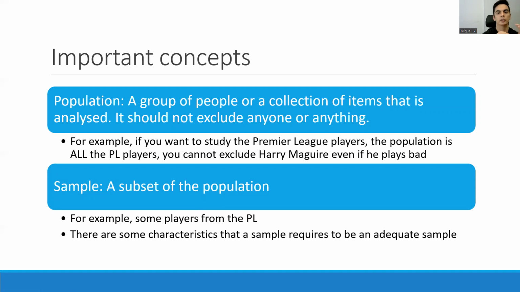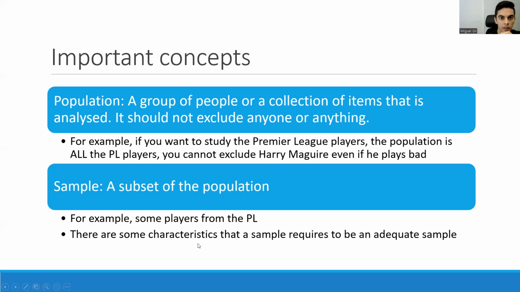So imagine if you have all the players in this group, the subset will be only one section, or one piece of these football players. So for example, if you want to study Premier League players, your sample will be only some players from the Premier League.